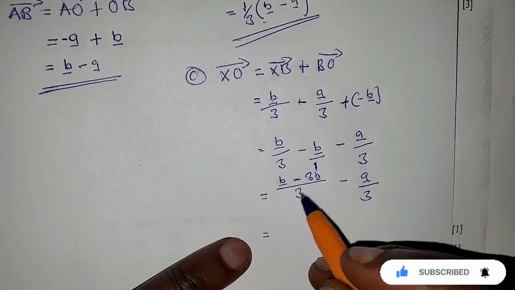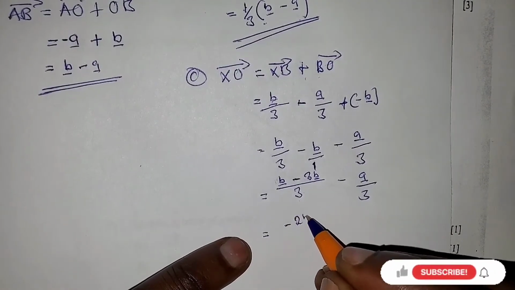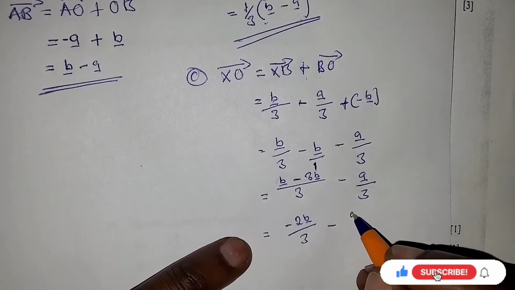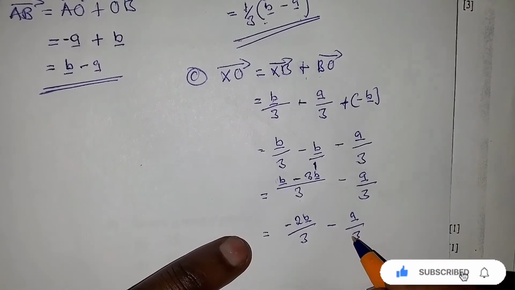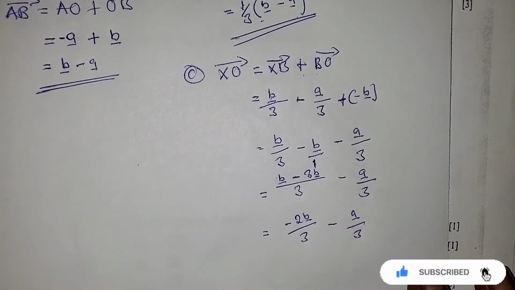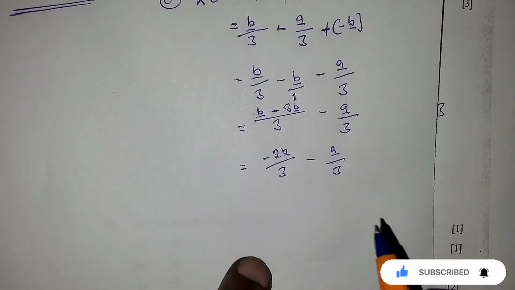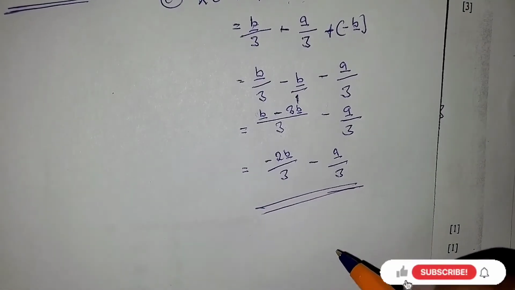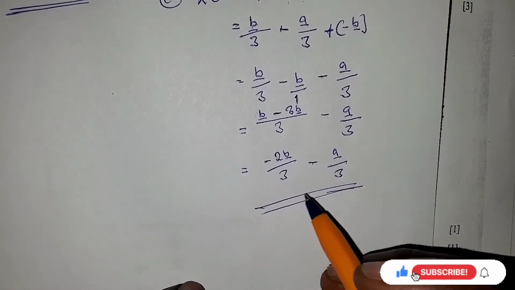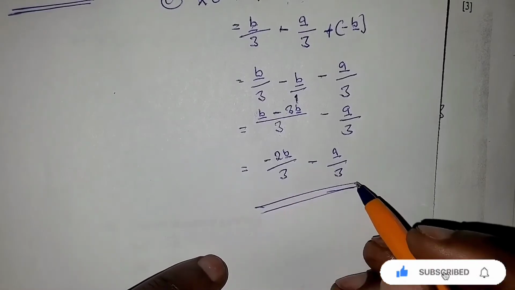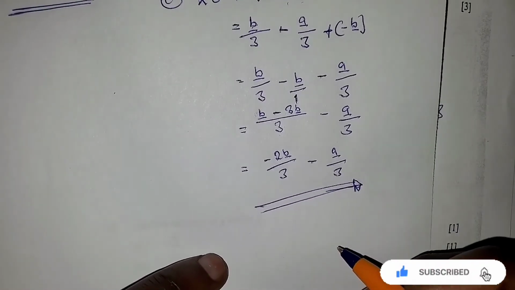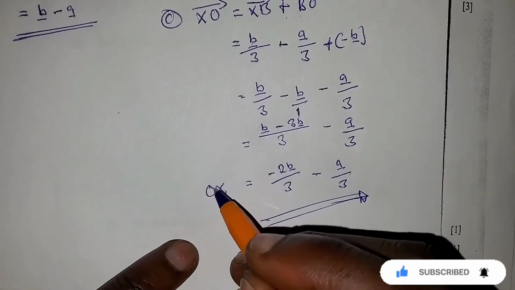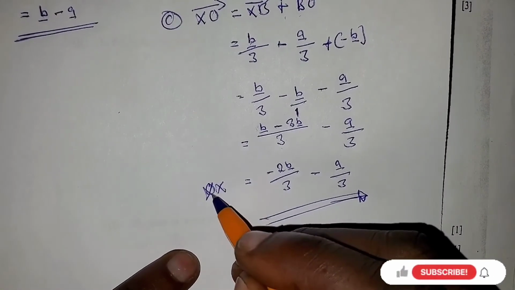So 1 minus 3 is negative 2B over 3 minus vector A over 3. Okay, let's just leave it here. In fact, this is the answer, because both vectors are negative in this case. So this is the vector XO.